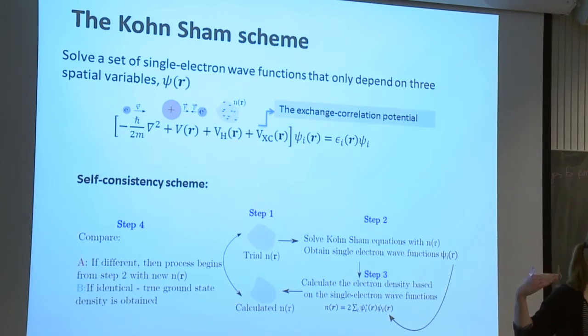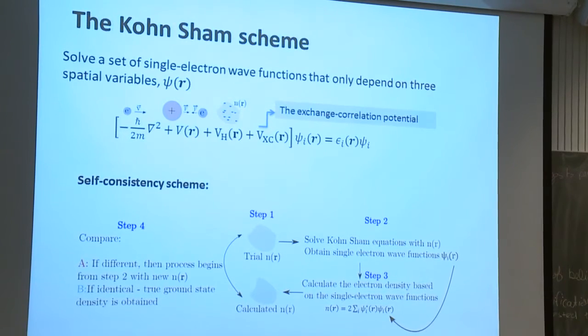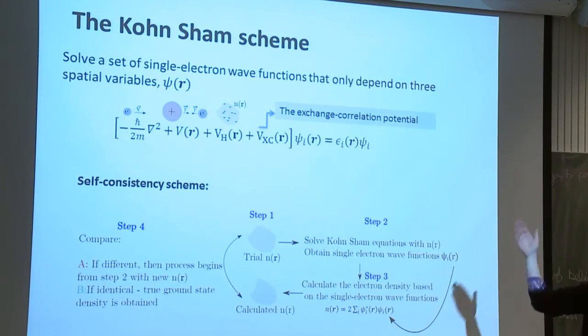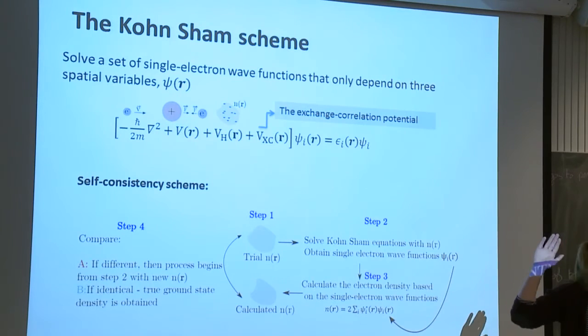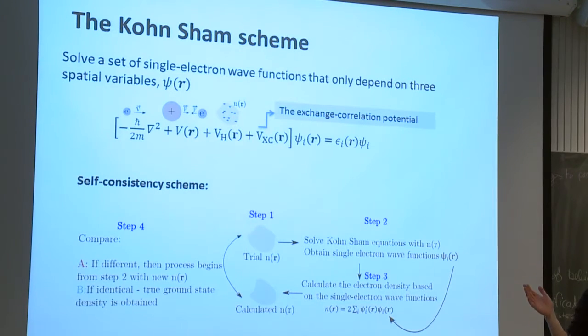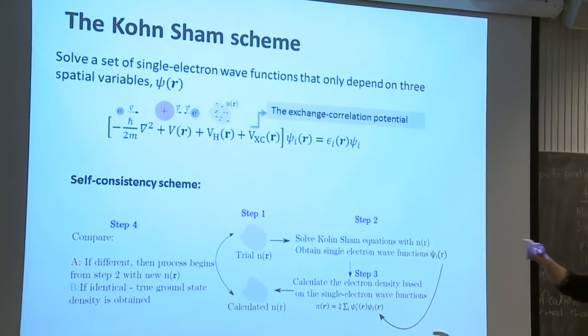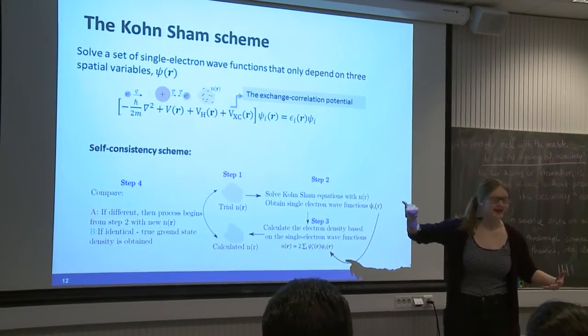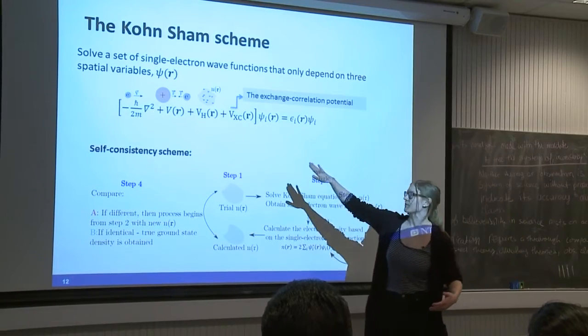So the first thing you do is that you just consider a set of single electron wave functions, and they're not interacting. So it's a non-interacting system. The interactions are sort of implicitly accounted for in these potentials.